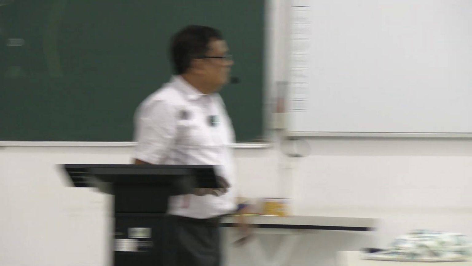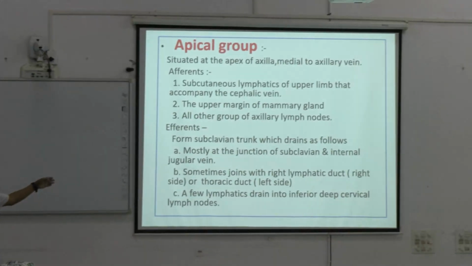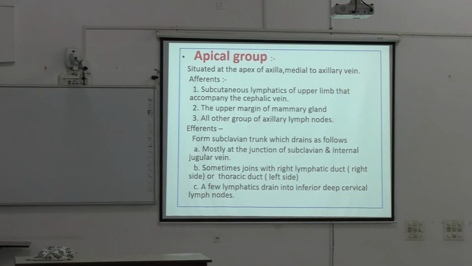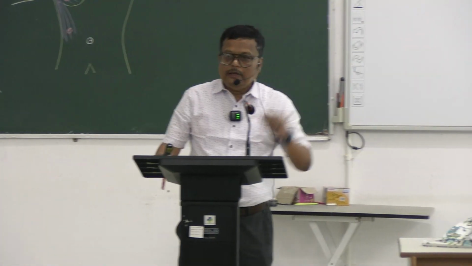Anterior, start from anterior: situation, anterior wall of the axilla, the lower border of the pectoralis minor, along the lateral thoracic vein; afferent, efferent; then lateral, then posterior; in this way, ultimately apical, and ultimately efferent drainage. Is it finished? No. You have to write the applied part. The applied part I have already described.